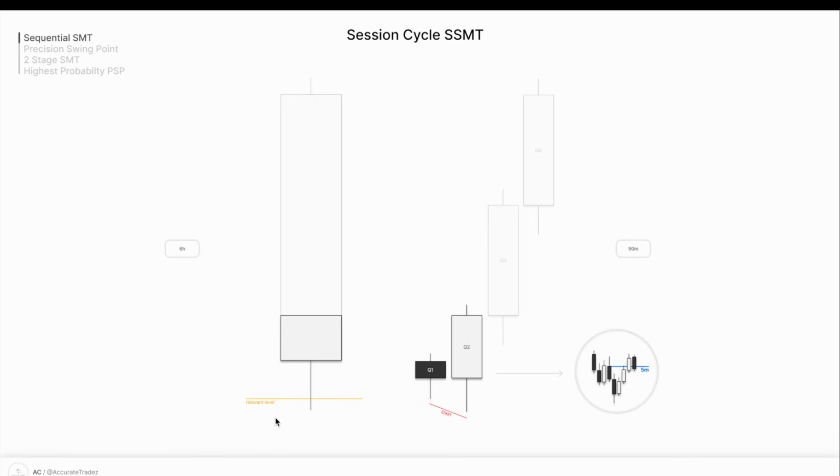We have hit some kind of relevant level, and then you're viewing the 6-hour candle or the session, right, in 4 quarters, being 90-minute candlesticks. So these are all 90-minute candles where you have a sequential SMT between 2 consecutive 90-minute candles. That will oftentimes be the low of the 6-hour candle. And this you can view in the lens of the 5-minute chart.